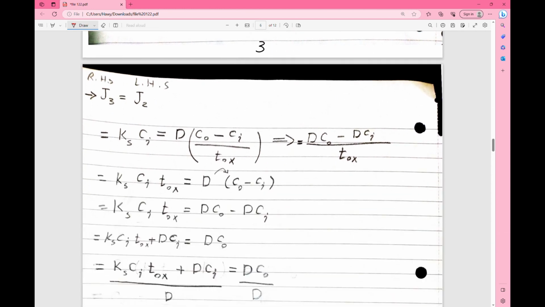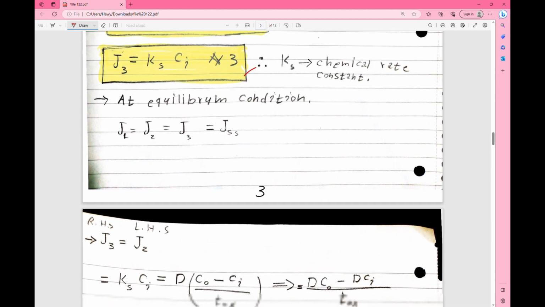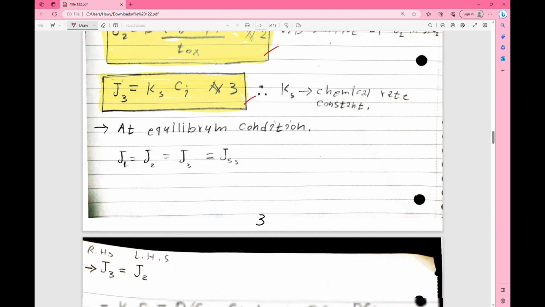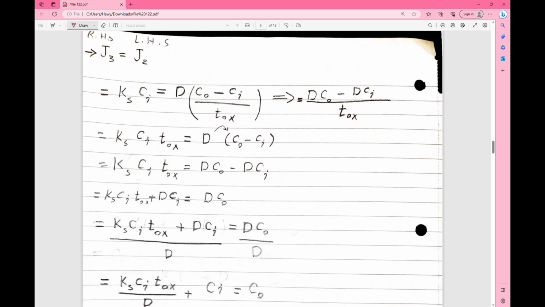Now we put that G3 is equal to G2. Look here for G3 and look here for G2. Here we just move the D inside, and we divide. We multiply by Tox, so it will be gone and be in the right-hand side.